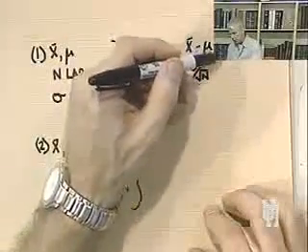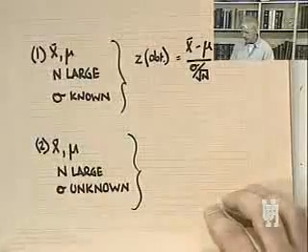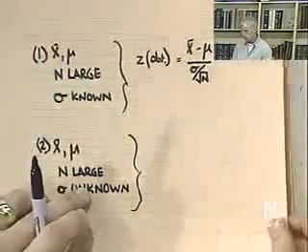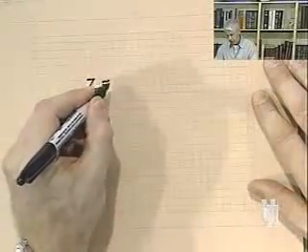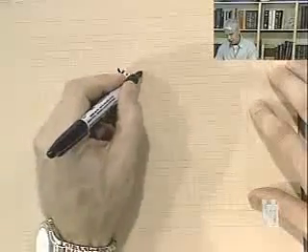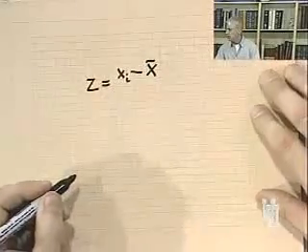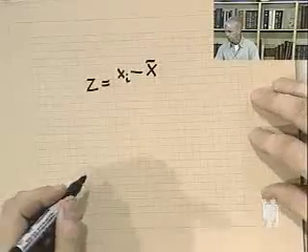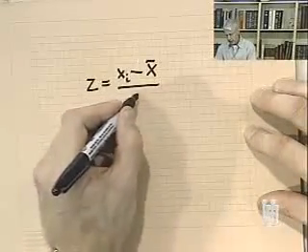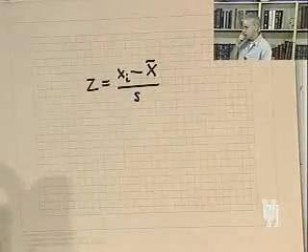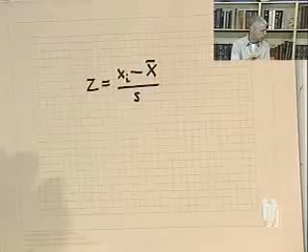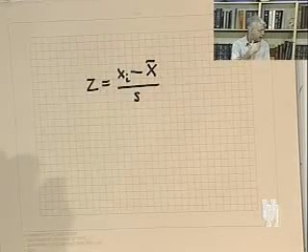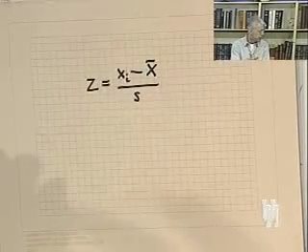Second, you should recognize this as the general formula for computing a Z-score. We started, you recall, with Z equals xi, the individual score, minus the mean of that group of scores, divided by S, the standard deviation of the group of scores. Well, now we're not dealing with a sample group of scores. We're dealing with a sampling distribution of sample means.